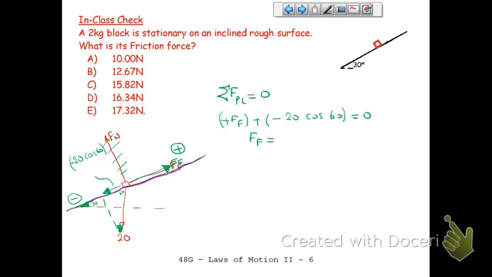FF is equal to 20 cosine 60. 20 cosine 60. 10. Print a box.